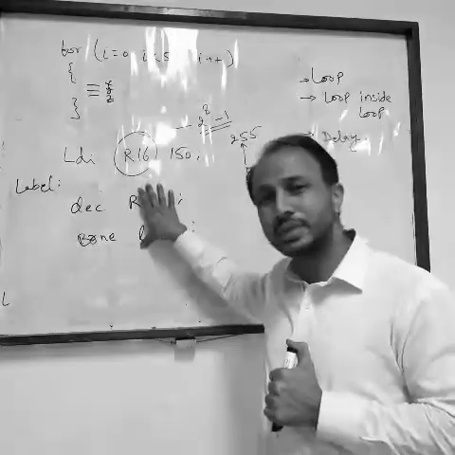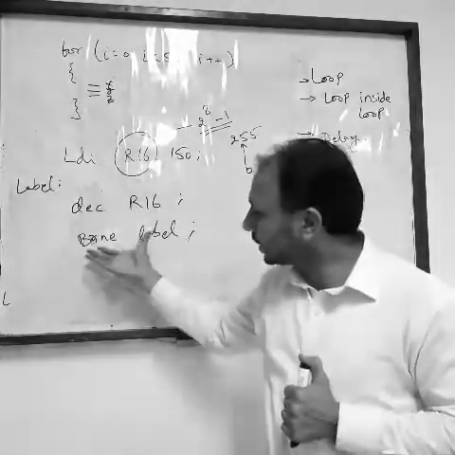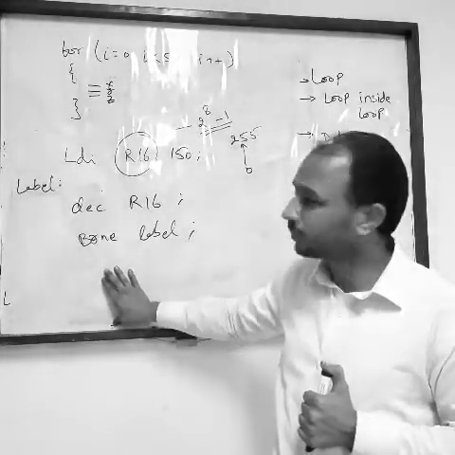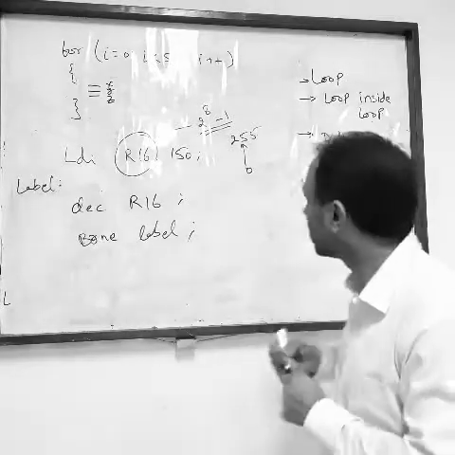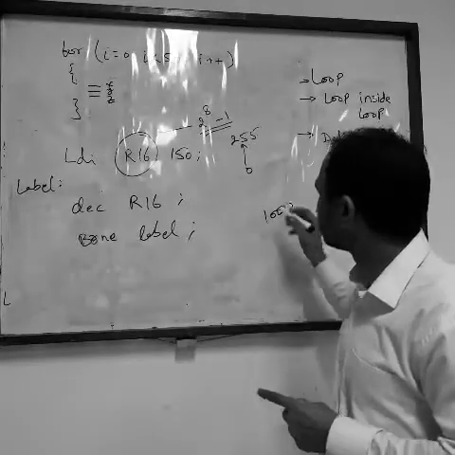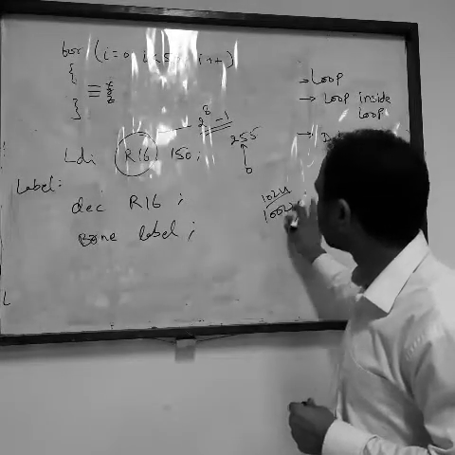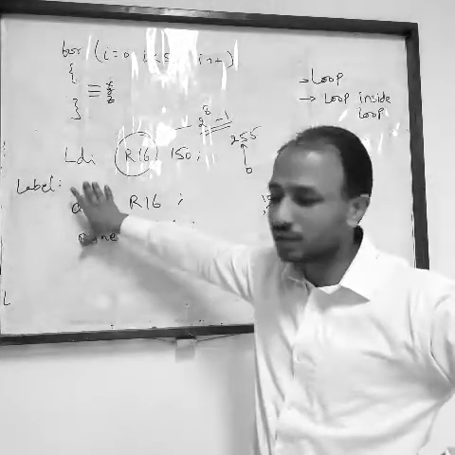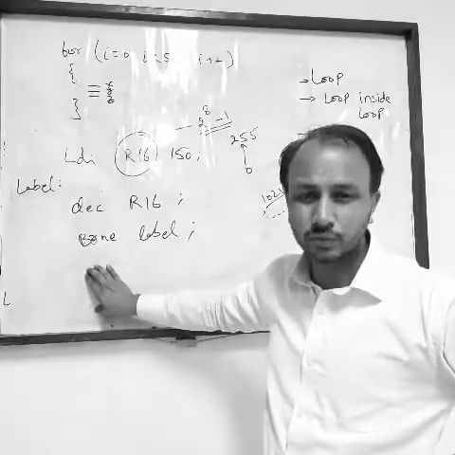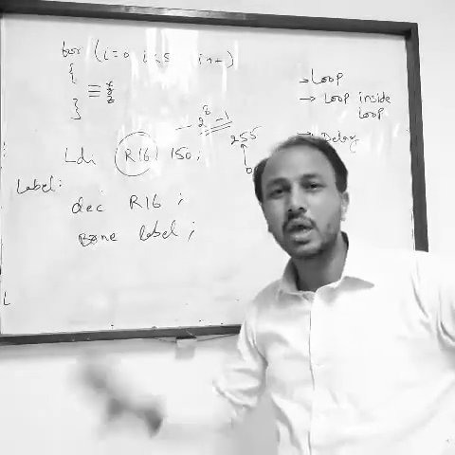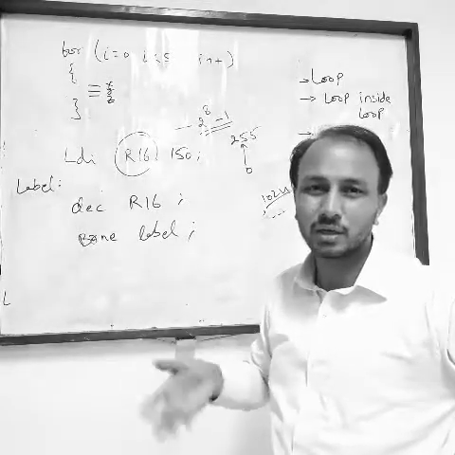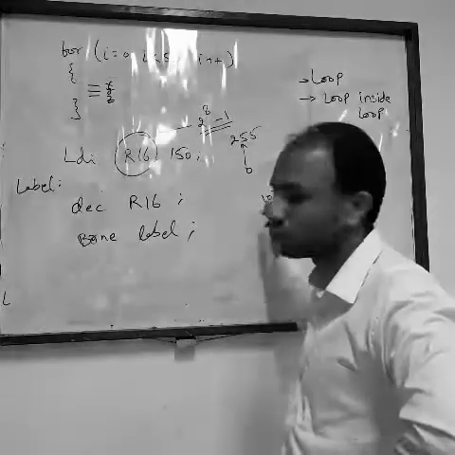First, run 256 times, then repeat this and again run 256 times. Are you getting it? And if you want to run, let's say, 1000 or 1024 times, what will you do? 256, repeat the process, 256, repeat the process, 256. Copy paste these instructions 4 times and you will get 1024.